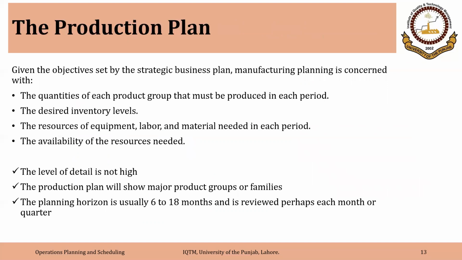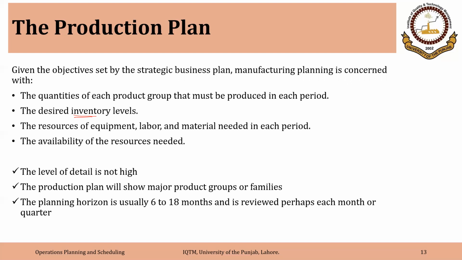So as a conclusion, what we decide in a production plan: the quantities of each product group that must be produced in each period, the desired inventory levels, which is an important decision, the sources of equipment, labor, and material needed in each period, and the availability of the resources needed. So the level of detail is not as high as in the strategic business plan.